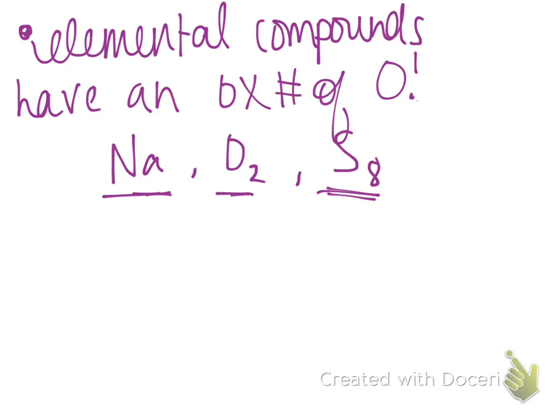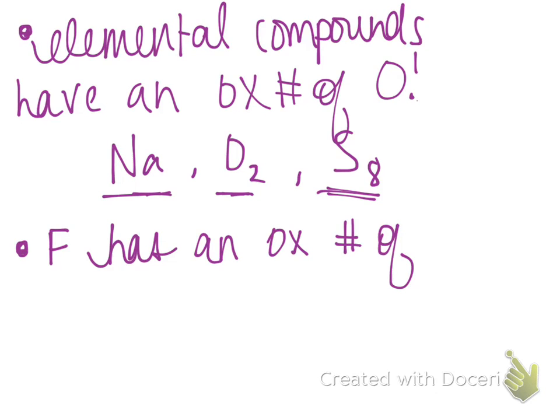Okay, so rule number 2: fluorine has an oxidation number of -1 always.